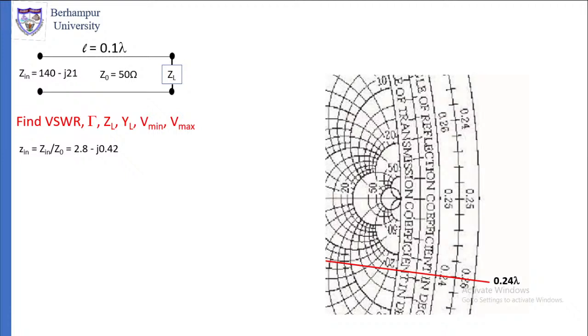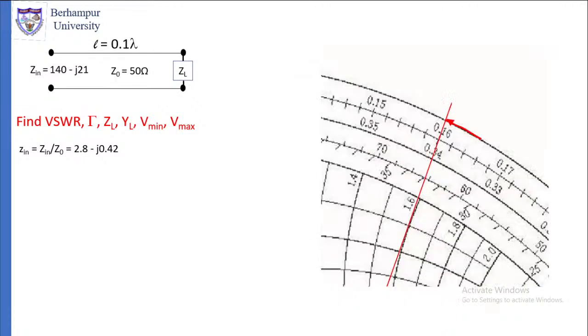Zin we have extended, that means at the point 0.24 lambda. So note that it is 0.24 lambda for the input point. Then we move in the counterclockwise direction. As we are moving towards the load, we will move in the counterclockwise direction by an amount of 0.1 lambda.